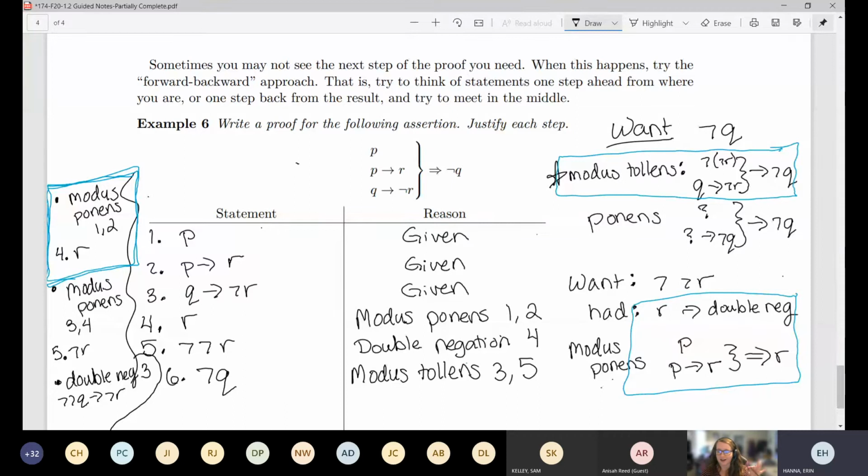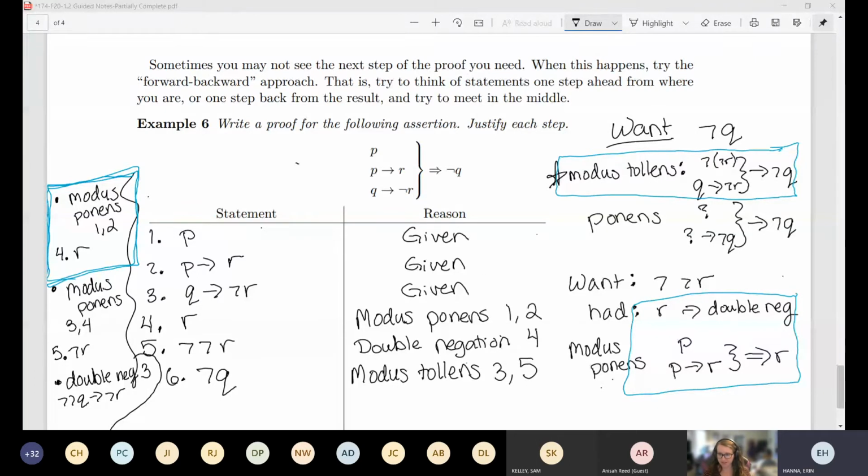And I know in that number 25 that I started it off with, didn't use it at all. But modus tollens and modus ponens are used a ton. So you're going to want to get very comfortable with those, very comfortable with changing them to the different variable names, if you will, that you're working with. But unfortunately, we got to move on because we're already way behind. But it's all right.